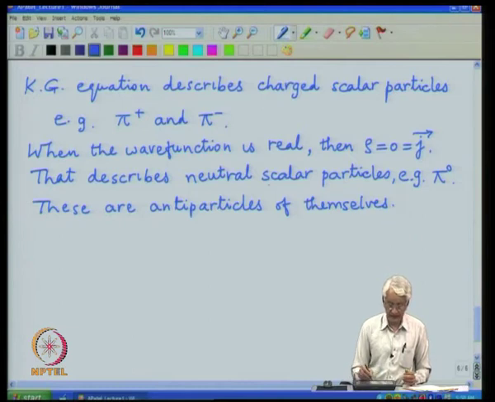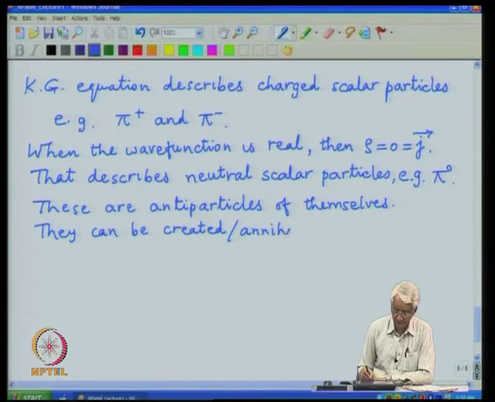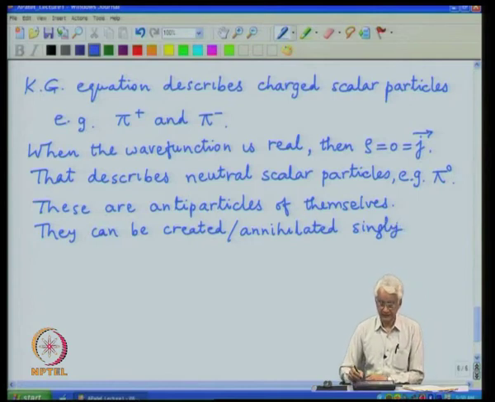And one peculiarity of such neutral particles is that they can be created or annihilated singly in some physical process of either scattering or collision or other kind of interactions.